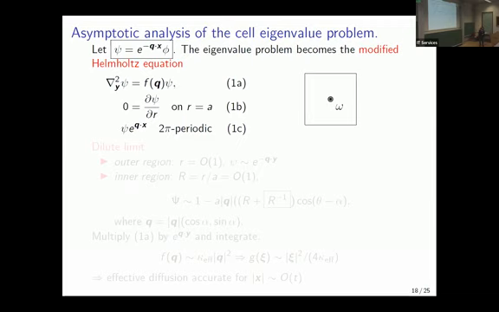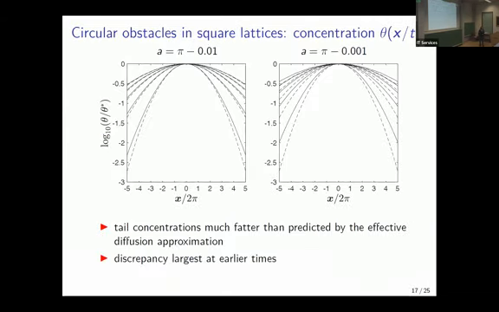Okay, so if you take into account, there are more particles that make it out further than you expect them. Yes, that's right, exactly. So the tail concentrations are much fatter.